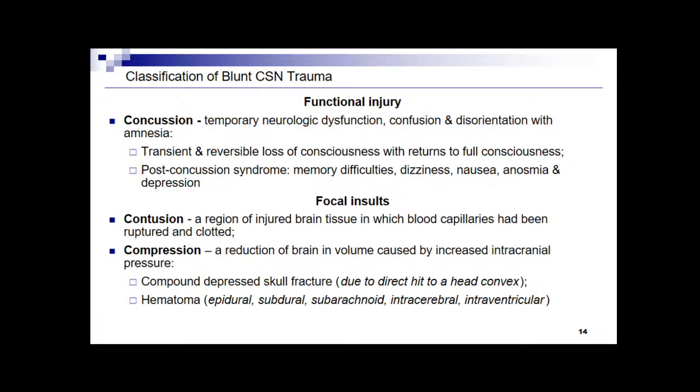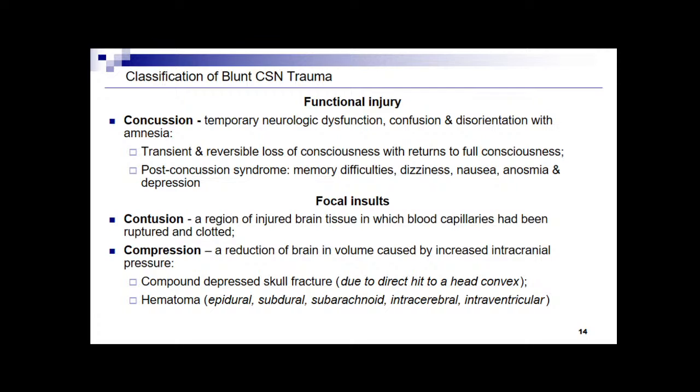The lightest, most stable state of the patient just after trauma is a concussion, manifested with temporary neurologic dysfunction, confusion, and disorientation with amnesia, characterized by transient and reversible loss of consciousness with return to full consciousness. Restoration of consciousness is complete.